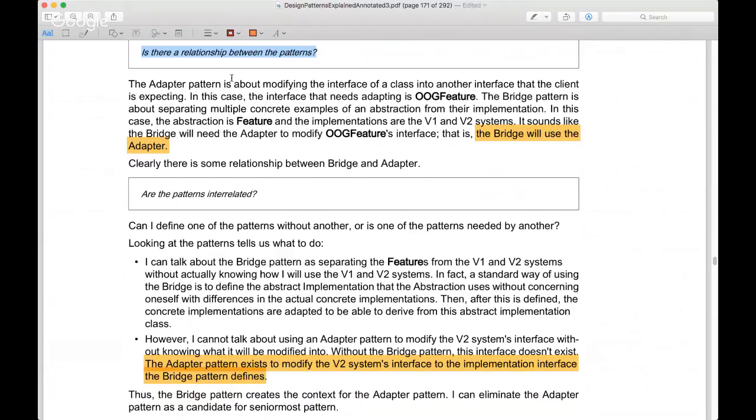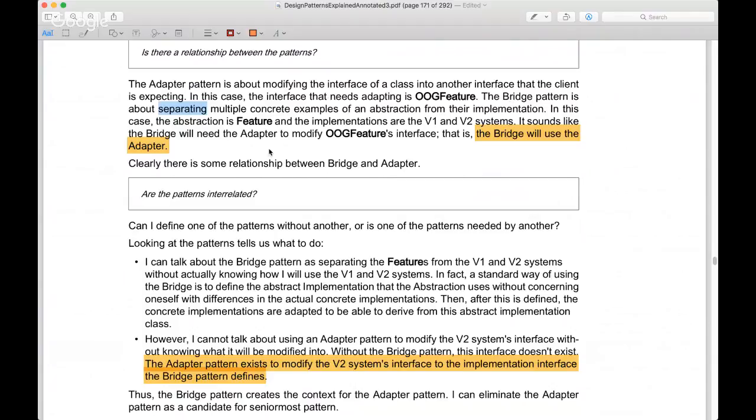So he goes through and he analyzes them. And he says, well, the adapter pattern is about modifying the interface. And he says, okay, so we have an OOG feature, so we know we're going to have to adapt to that. The bridge pattern is about separating multiple concrete examples of an abstraction from their implementation.